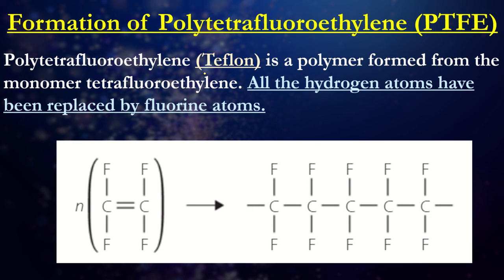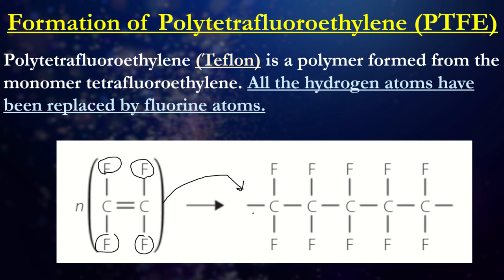The main difference between this monomer and the monomer we started off with is that all the hydrogen originally attached to the carbon has been replaced by fluorine. Hence the name tetrafluoro. Tetra, remember, is 4. Fluoro, fluorine. So we have 4 fluorine atoms replacing the 4 hydrogen atoms there. And then obviously they're going to form and create more.